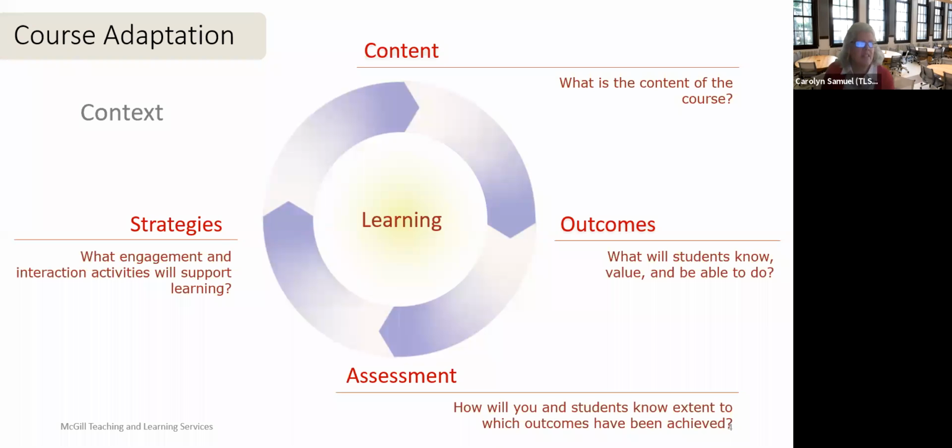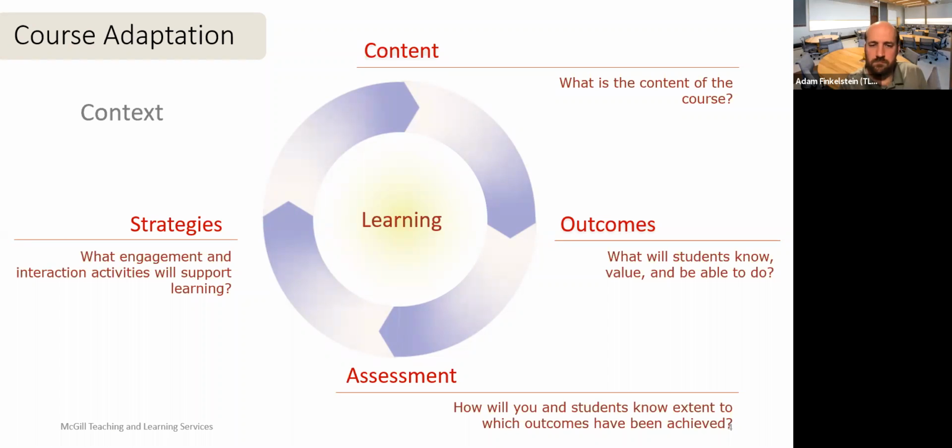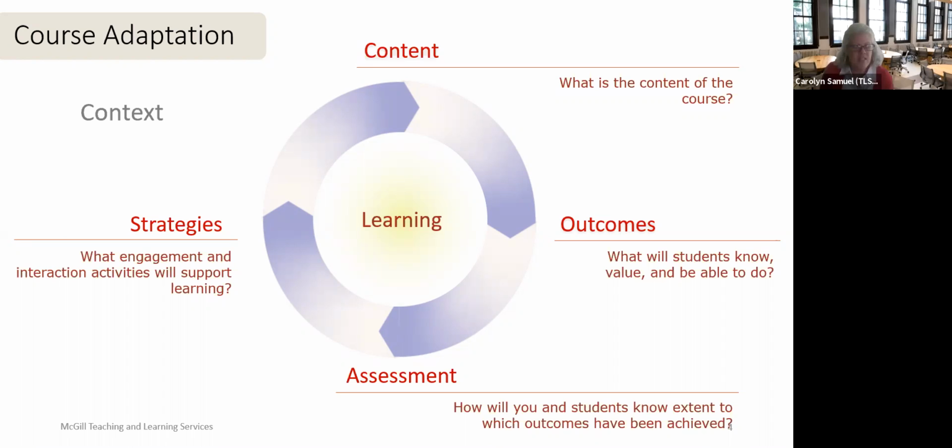And then we've got strategies. So what engagement and interaction activities will support learning? So again, we're thinking alignment. What kinds of activities will students do to prepare them for the assessments so that they can achieve the learning outcomes? All of this should be familiar. So what's different when we teach remotely? Well, we've got a different context.